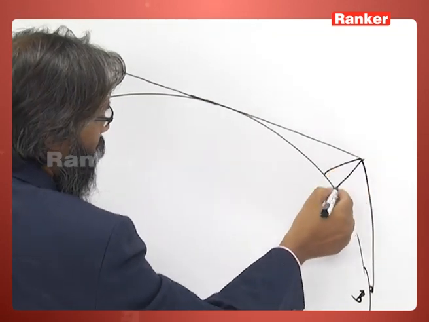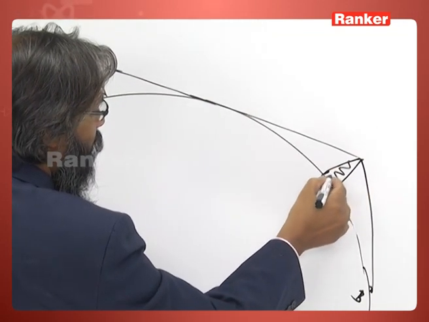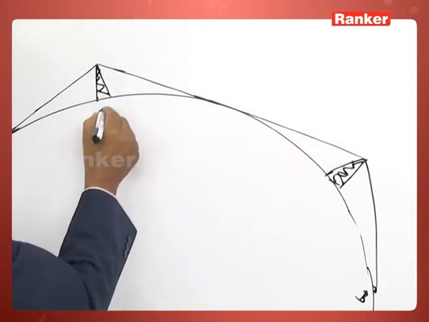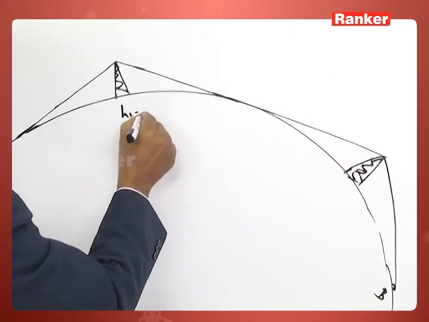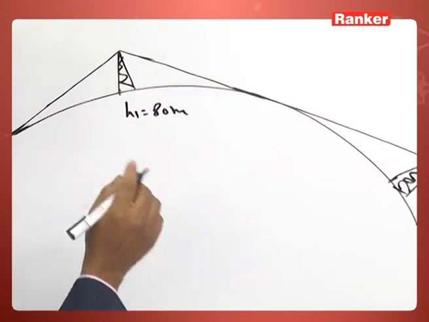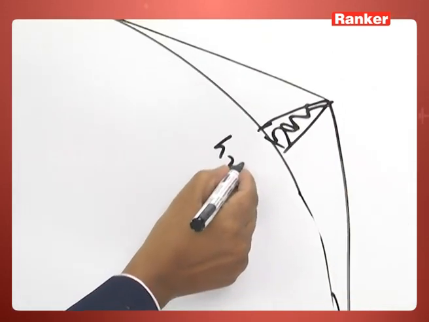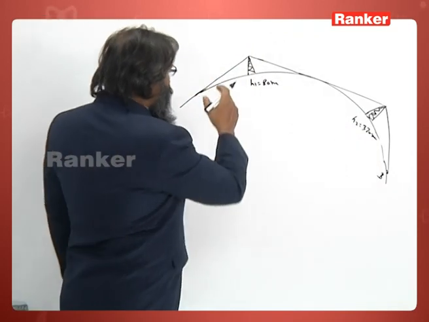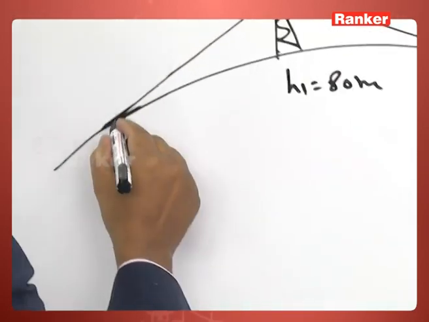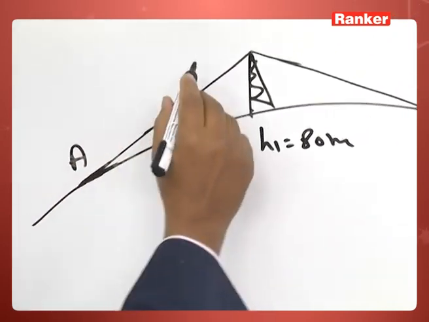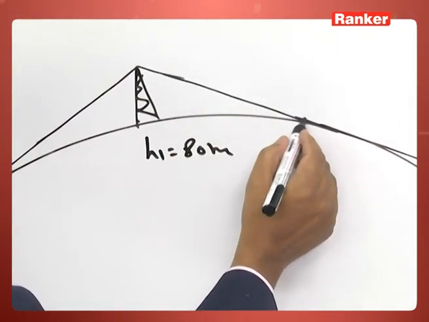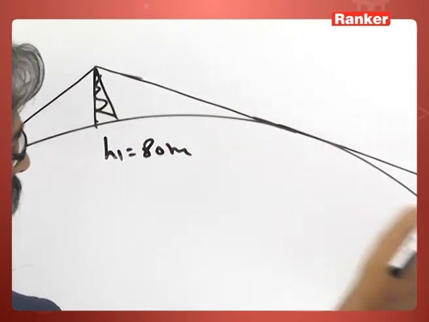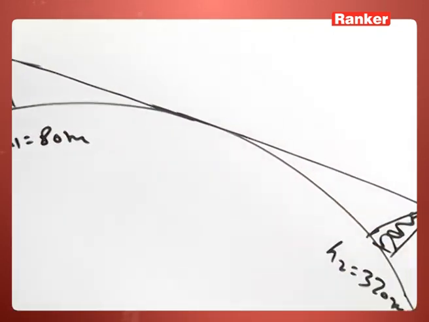So there are two towers I have installed. This tower of height H1 is, suppose, 80 meters, and this tower H2 is 320 meters. The farthest distance this tower can cater to is at A, where this is just tangent.